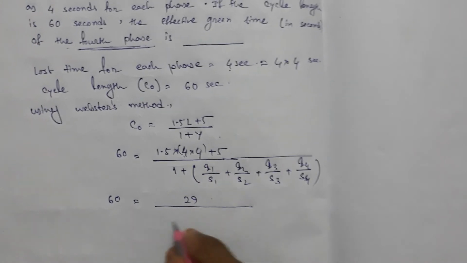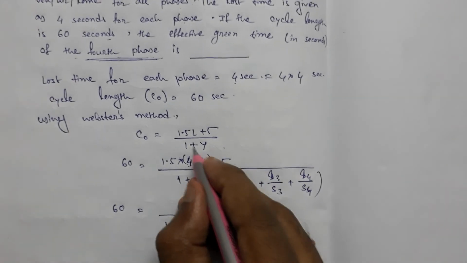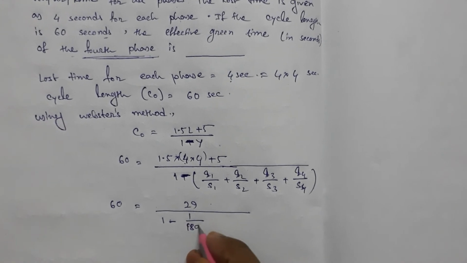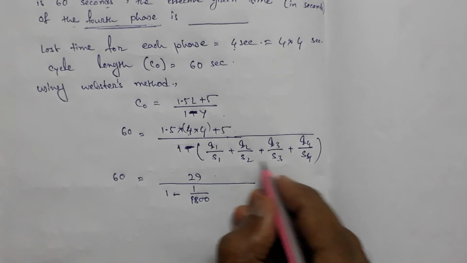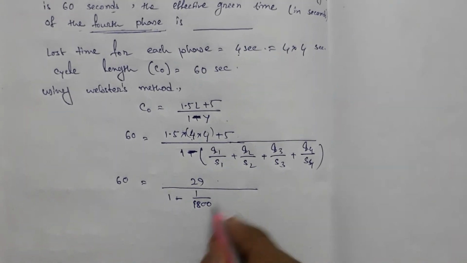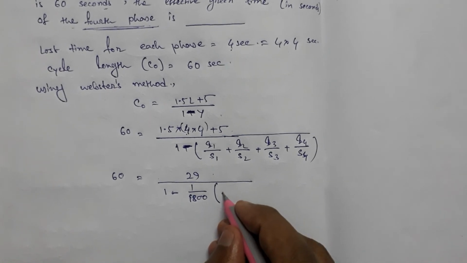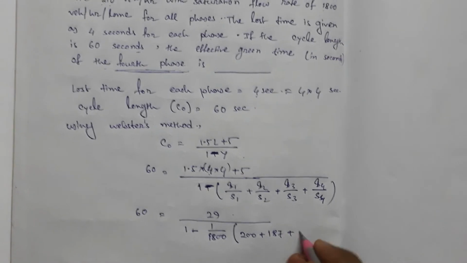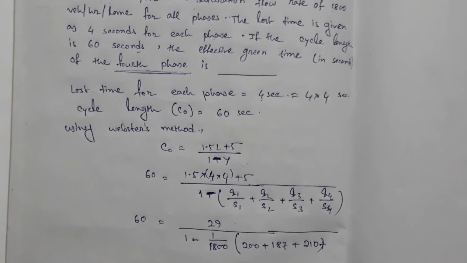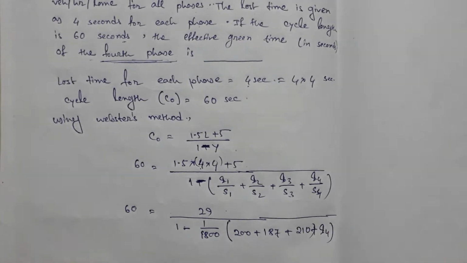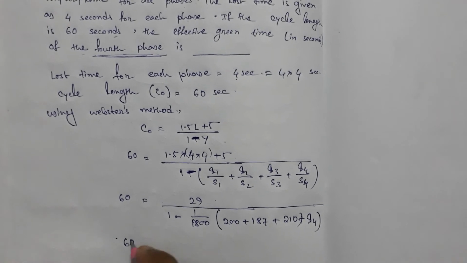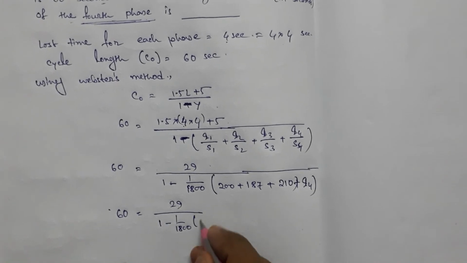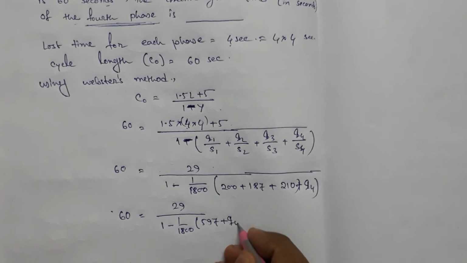The value comes to 1 minus 1 by S, since S1, S2, S3, S4 are all the same, so this part is common. Q1 is given as 200, Q2 187, Q3 210, which sum to 597, plus Q4.